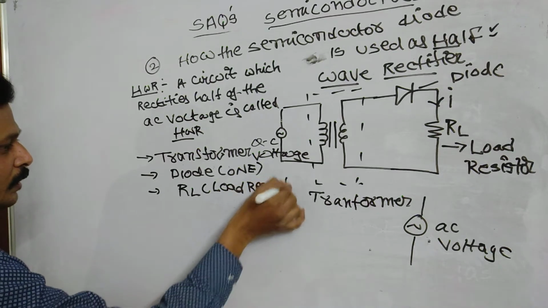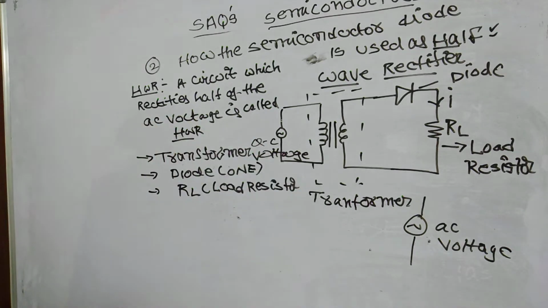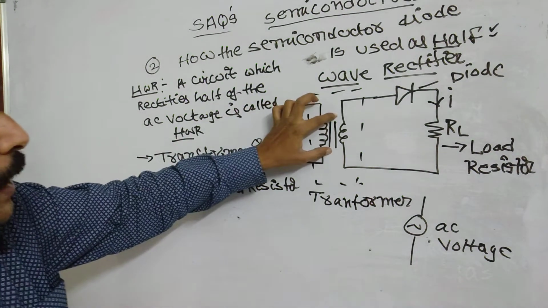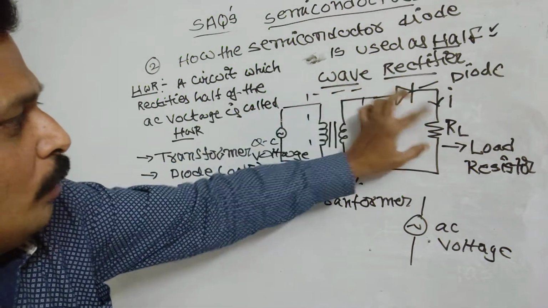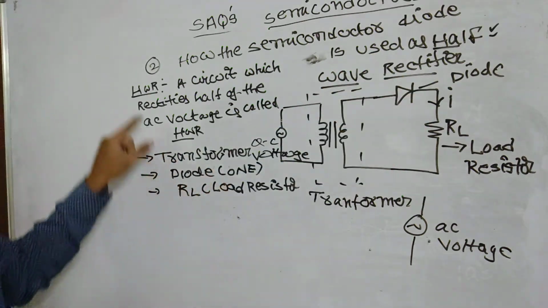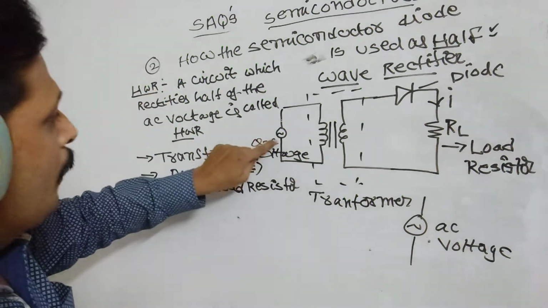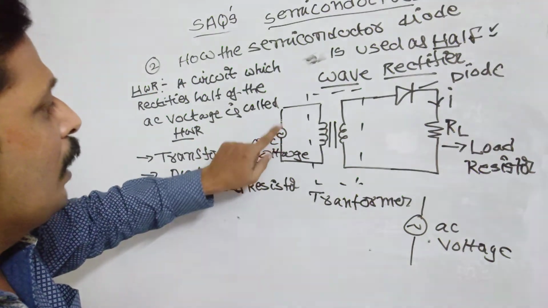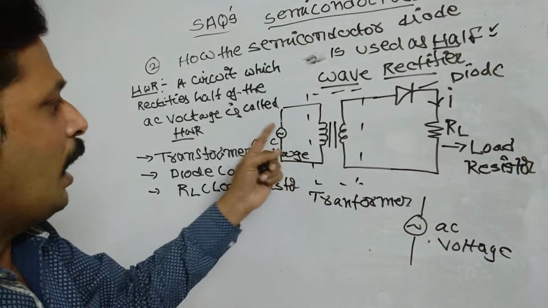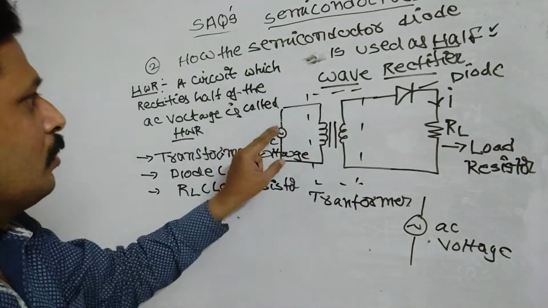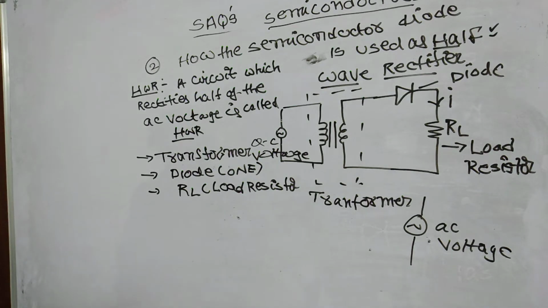These are the basic requirements to construct the half wave rectifier: one transformer, one diode, one load resistor. What is the definition of a half wave rectifier? From the given AC voltage, half of the wave is removed, half of the wave is rectified, and half of the wave is eliminated. That is called a half wave rectifier.